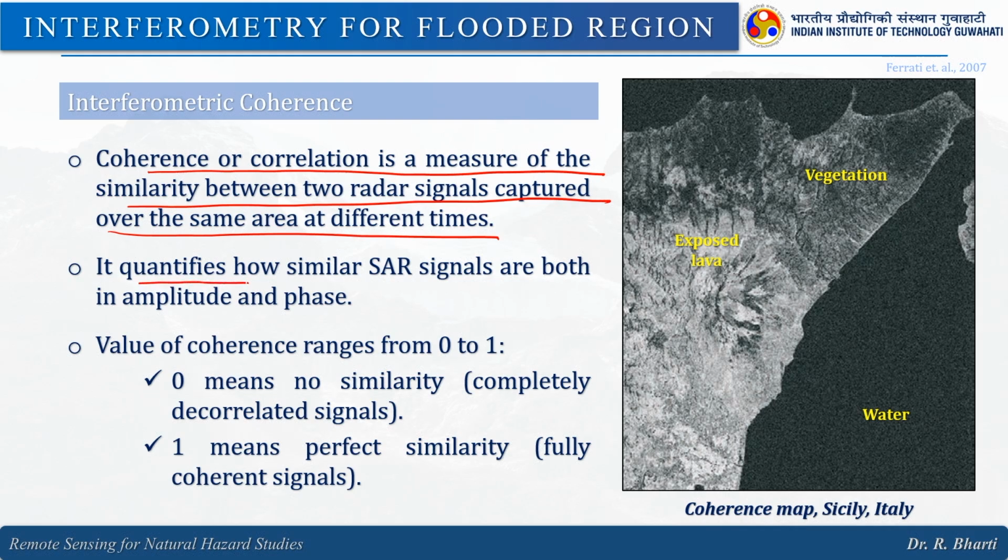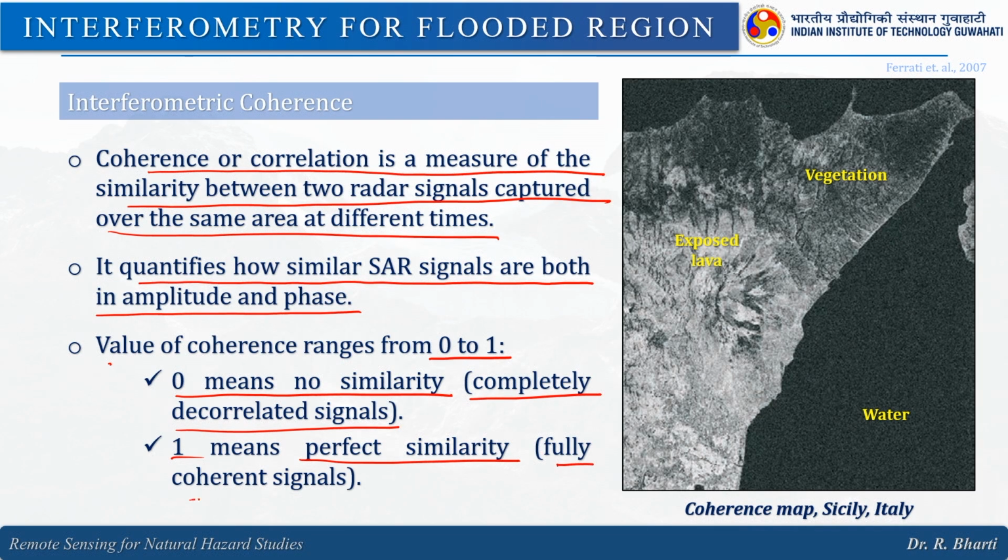It quantifies how similar SAR signals are both in amplitude and phase, and here we will have the value range between 0 to 1. 0 means no similarity, completely decorrelated signal, and 1 means perfect similarity, fully coherent signal, right. So, here you have the example of water, vegetation and exposed lava.